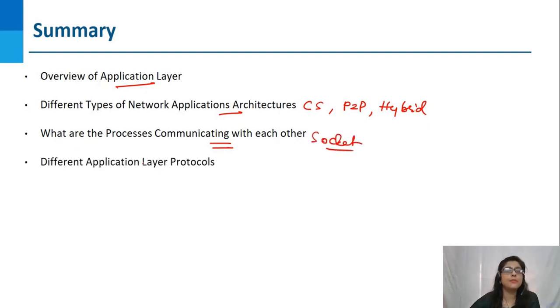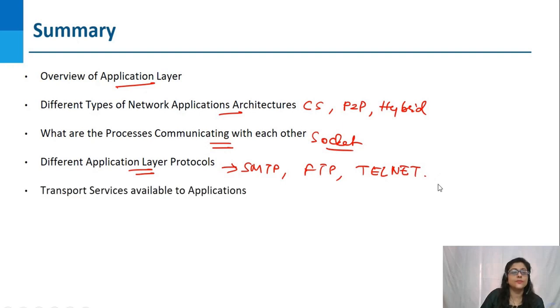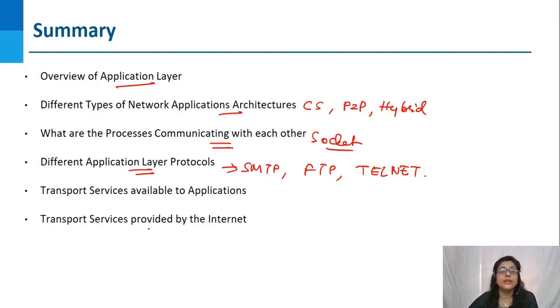Then we discussed different application layer protocols like SMTP, FTP, Telnet, and their applications. We have understood the transport services available to applications and the transport services provided by the internet, like TCP and UDP, and their various characteristics.